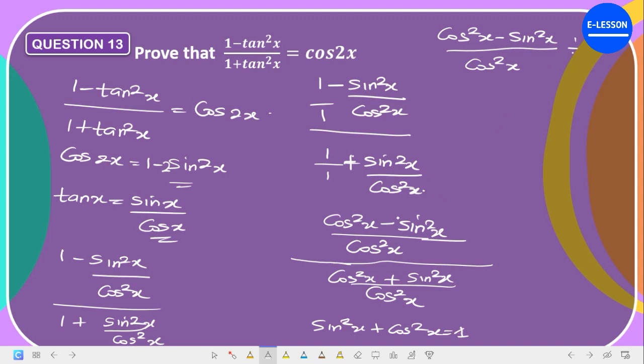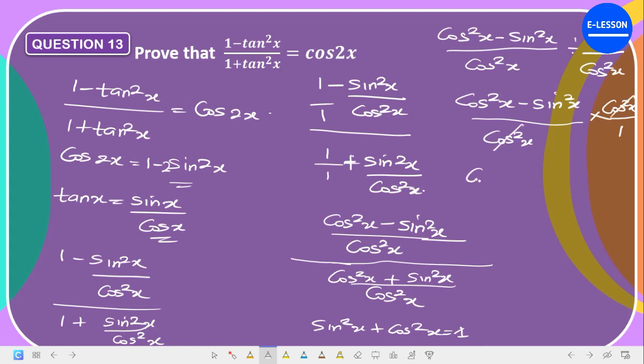So everything here on top here can be 1. So we have 1 all over cos square x. Now, at the end of the day, you now have cos square x minus sine square x, then you have divided by cos square x times this, which will come up as cos square x all over 1. Cos square x cancels cos square x. We are left with cos square x minus sine square x.